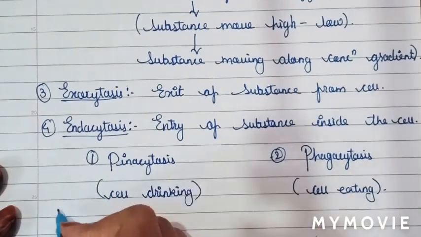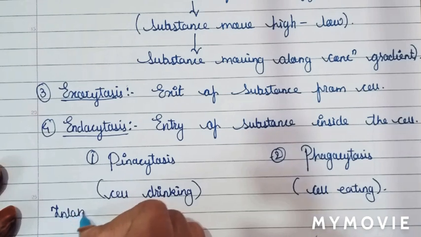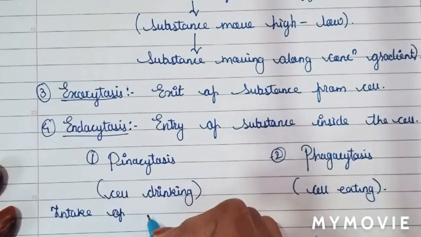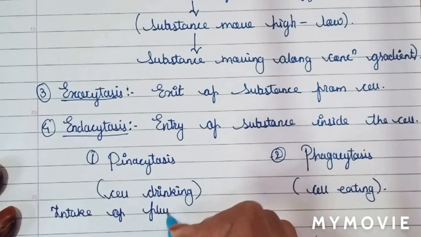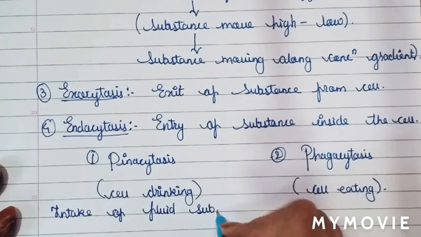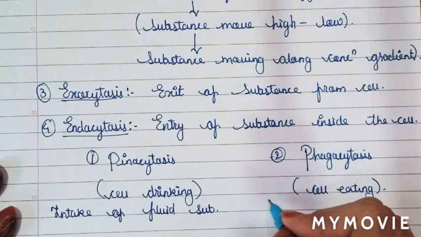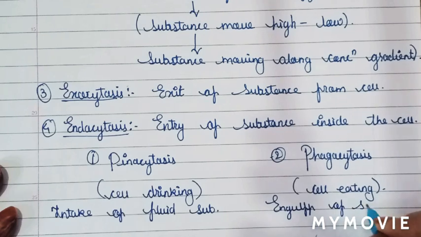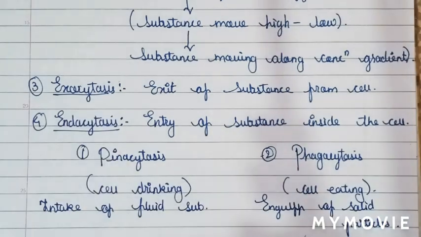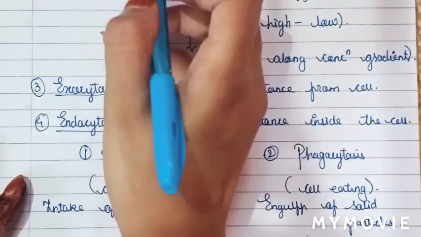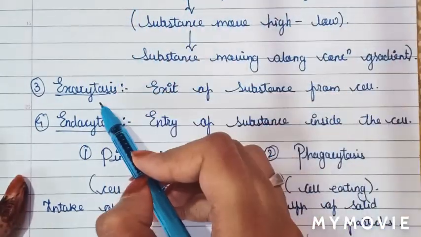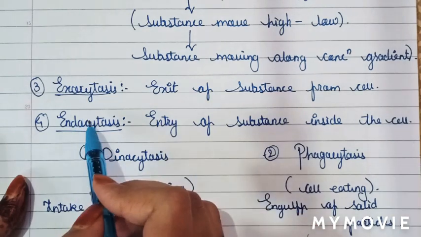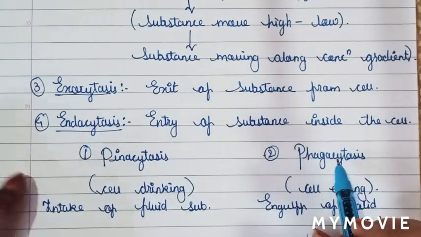Pinocytosis means the intake of fluid or liquid substance inside the cell, and phagocytosis means engulfing of solid particles inside the cell. So these were the functions of the plasma membrane: active transport, passive transport, exocytosis, endocytosis. In endocytosis, pinocytosis and phagocytosis.